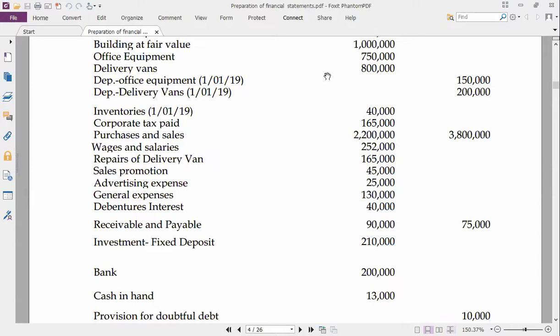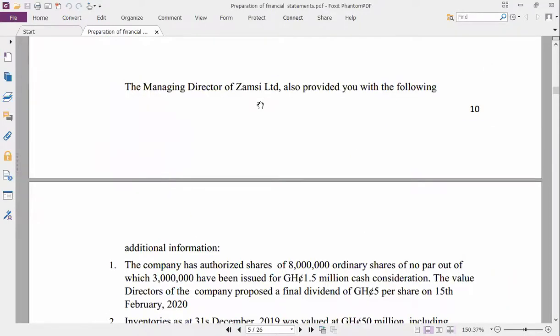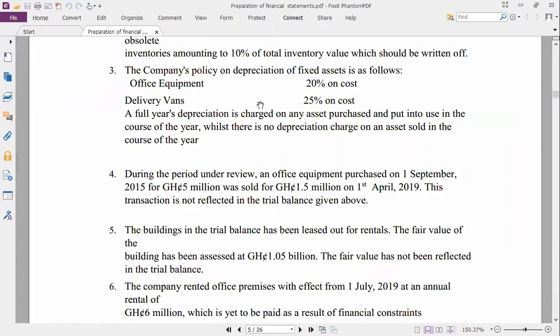If you check the building at fair value, it's 1 billion, but the footnote is 1.05 billion. So here, what do you do?